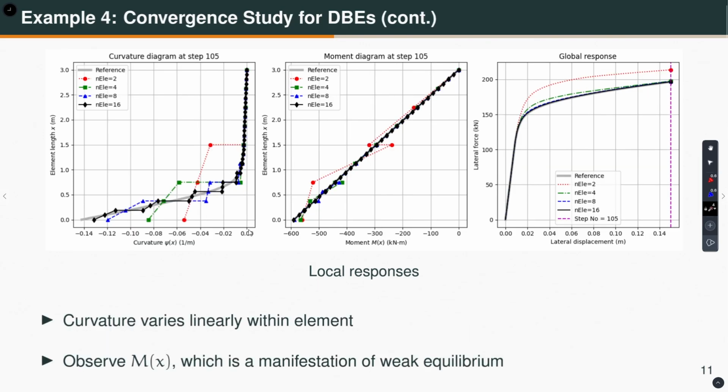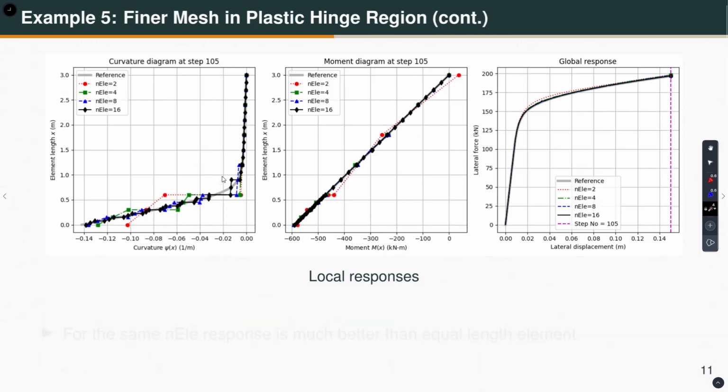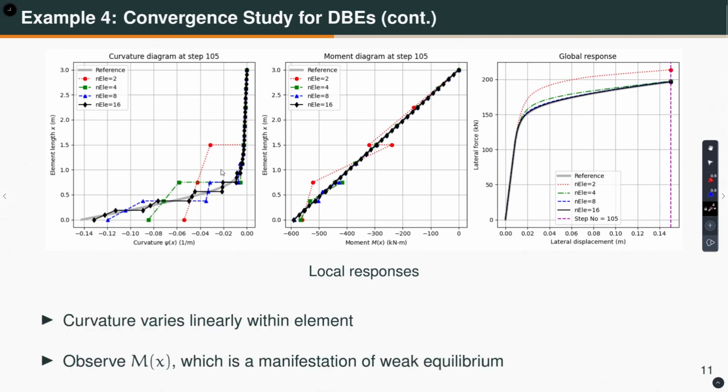So this is what we had for, let's take the case of 4 elements, right. So let's look at this green curve versus the finer mesh. You see the difference. This green curve is matching much better with the reference solution than if you use elements of equal length. You take any other example, let's say the case of 8 elements, okay.